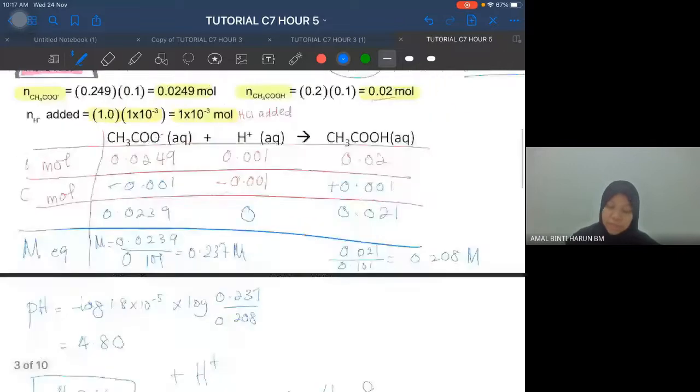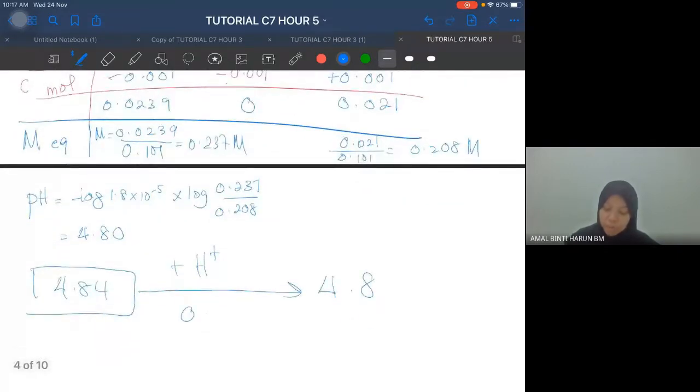Okay, how much is this change? It is 0.04. Changes in pH. Okay, so walaupun ditambah strong acid tapi dia mampu untuk maintain dia punya pH. Dia akan turun tetapi sangat sedikit.